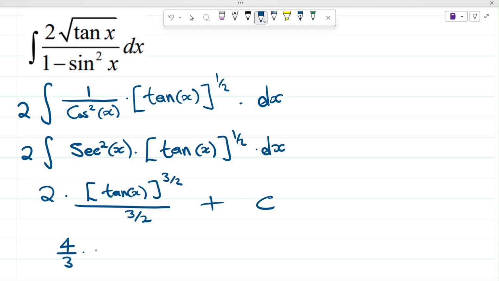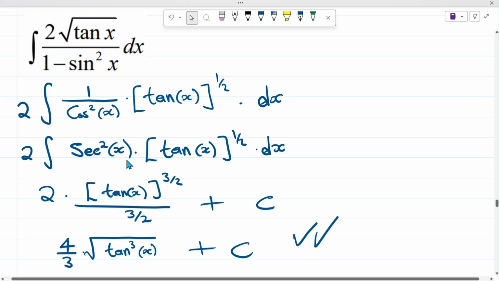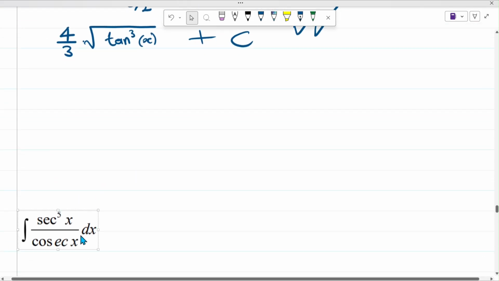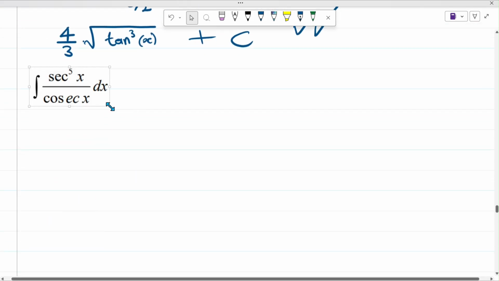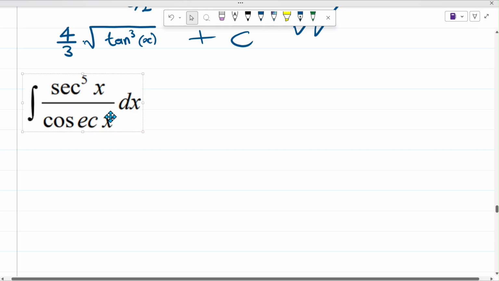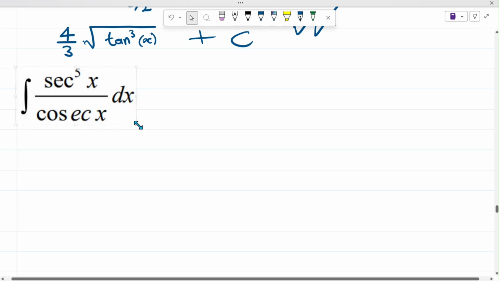And then this is going to be the square root of tan cube of x plus c. Then tada, you have your final answer. Wow, must be nice, eh? It is nice.